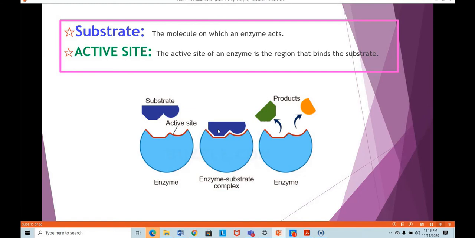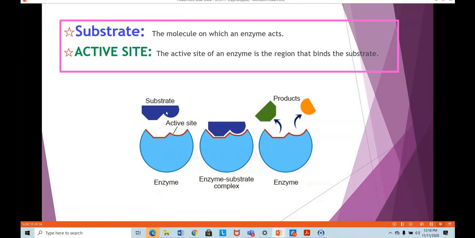This place at which the substrate fits into the enzyme is known as the active site. So what is a substrate? It is the molecule on which an enzyme acts. The active site of an enzyme is the region that binds the substrate. So this region wherein the substrate is bound to the enzyme is known as the active site.